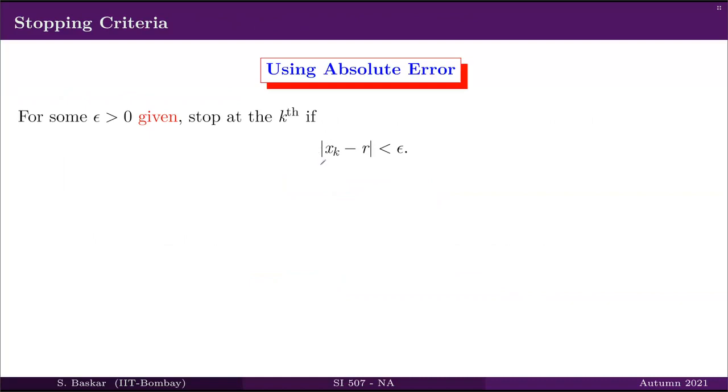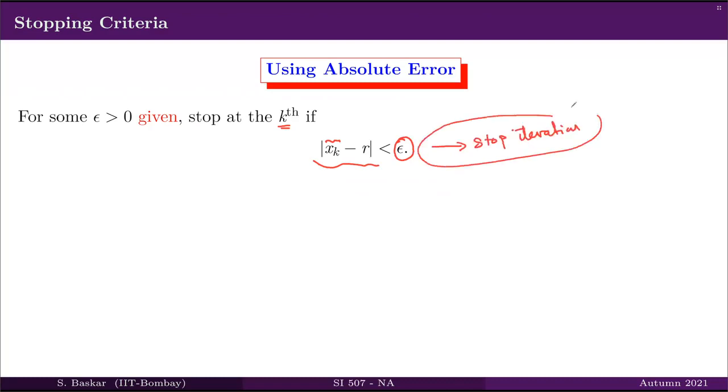Well, one way to stop the iteration is to look for the absolute error, right? At the kth iteration, you got x_k, and you can see that |x_k - r| is less than whatever tolerance you have. If this happens, then stop the iteration. This is the most convincing and realistic condition that we can use to stop our iteration.